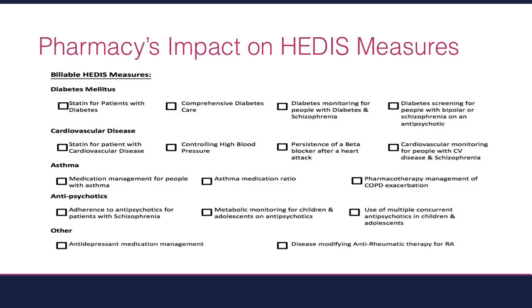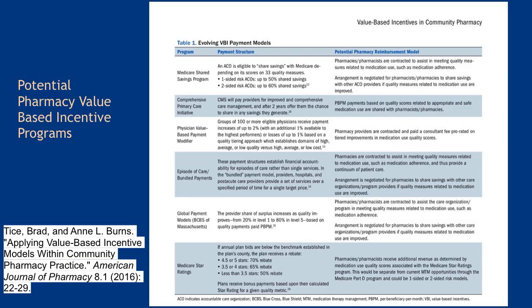For example, making sure they're on the right drugs for their disease state, making sure their blood pressure is under control, and making sure they understand how to take certain medications to control diseases such as asthma and psychiatric disorders. So there is potential pharmacy value to offer.